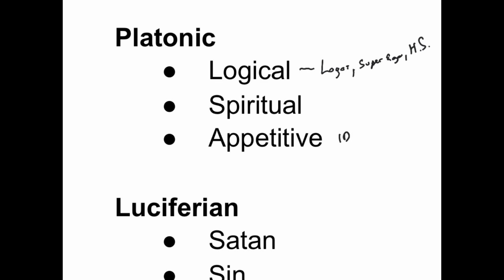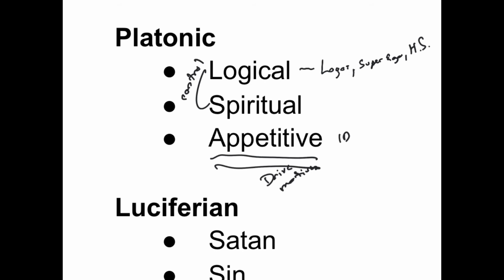The spiritual could be superego, could be ego as well. But those three interact with each other. And so Plato maybe envisioned these as, this drives behavior. These two are controls of behavior. So this is the drive, this is the motivation, and these are the two mechanisms that keep it in check.